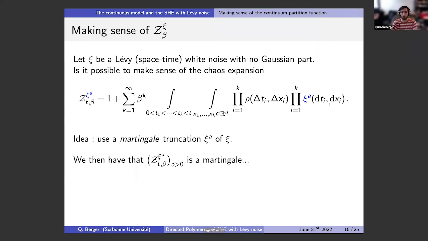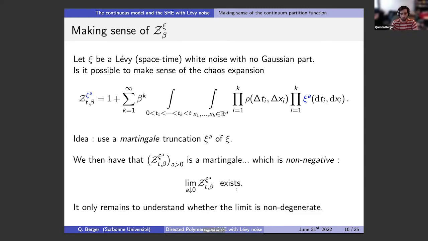And then we let the truncation go to 0, because we truncate the small part of the noise. The way we truncate the noise is in a clever way, so that you have a martingale, and you can use martingale convergence to show that the limit exists, and then you just need to show that it's non-degenerate. So that's the scheme of the proof.